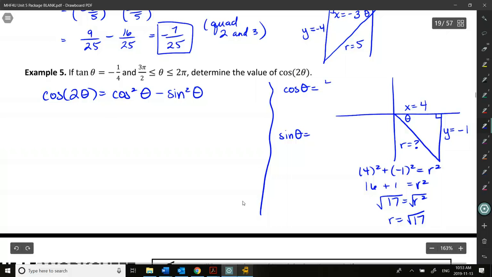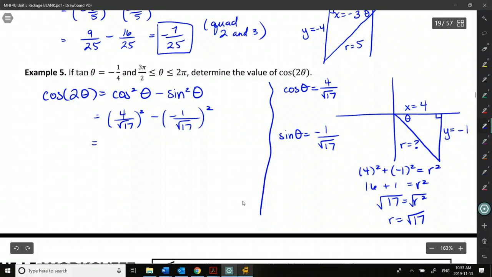For cosine? Yeah, 4 over √17, and for sine? -1/√17. Awesome. Okay, so we're going to plug these in then. So it'll be 4 over √17 squared, and then -1/√17 squared.